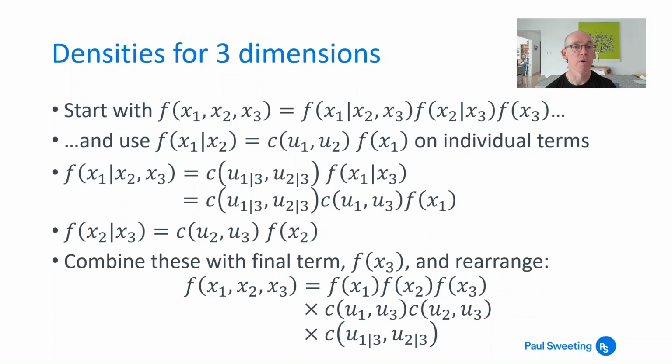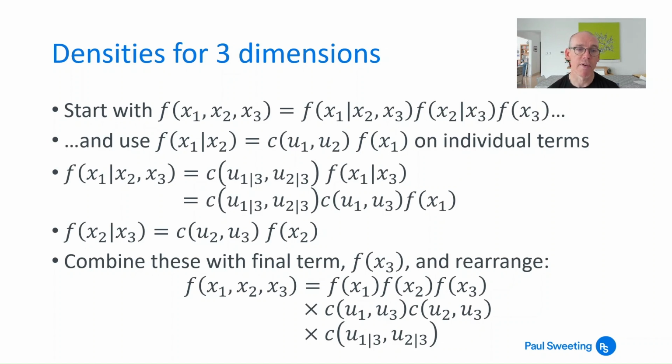If we use this on these individual terms, we can also say that f of x1 given x2, x3 is equal to c of u1 given 3, u2 given 3 times f of x1 given x3, and that is equal to c of u1 given 3, u2 given 3 times c of u1, u3 times f of x1. So again, just breaking down that final term.